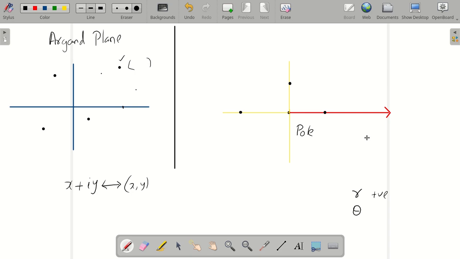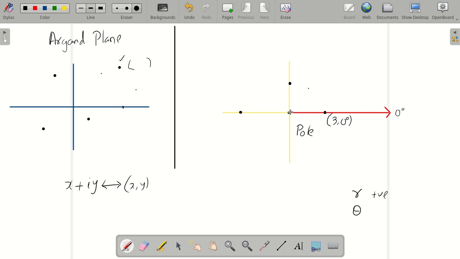Okay, so I wanted to focus on this dot, and let's say it's like 1, 2, 3, let's say 3 units from the pole, and this line, the initial line, is supposed to be 0 degrees. The reference is 0 degrees. So the coordinate of this point is 3 comma 0 degrees.